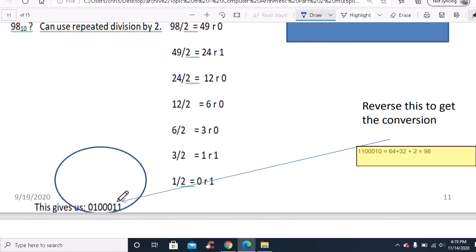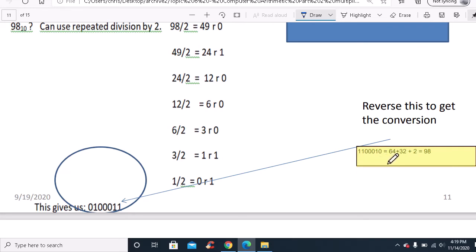Now the rule says reverse this to actually get the conversion. So by reversing this sequence, we get 1 1 0 0 0 1 0.